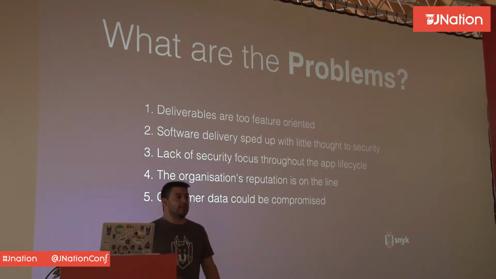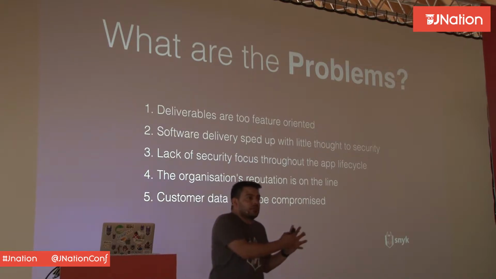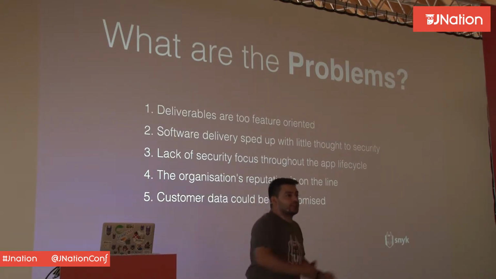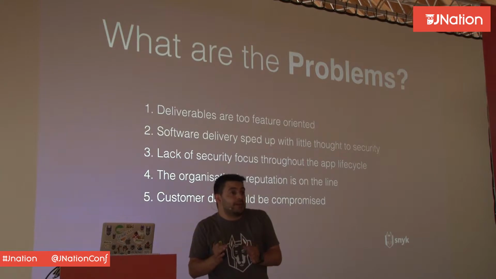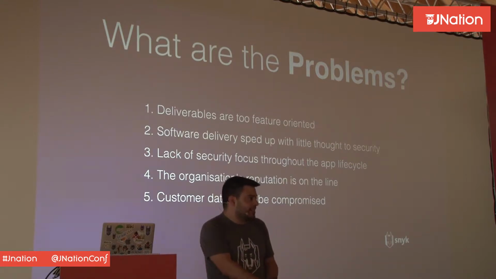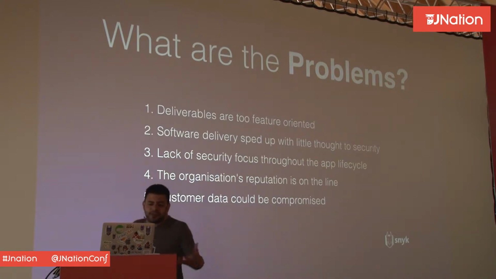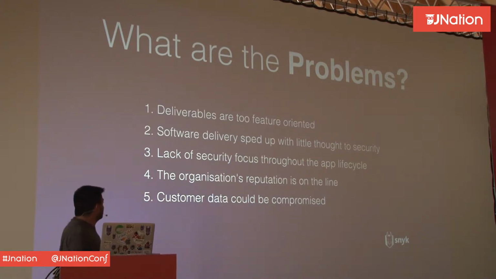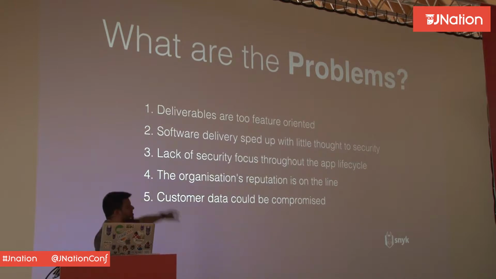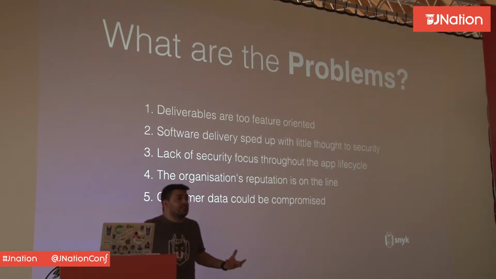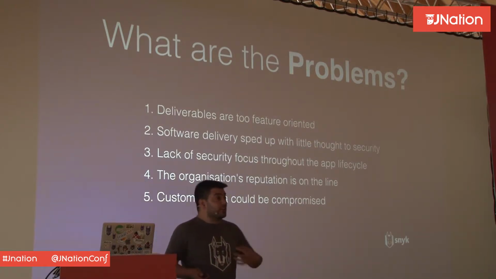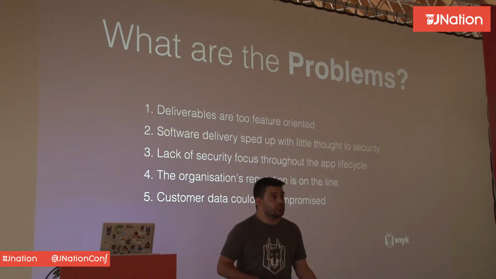Now, one of the things that we care about as we reduce our time to going to production is the fact that we do care about security vulnerabilities that are placed into these applications. So there are a number of things which are lacking. But 2 of the key things here is the organization's reputation is on the line, and effectively customer user data, sensitive information, which if it was our information, we would care very strongly about.